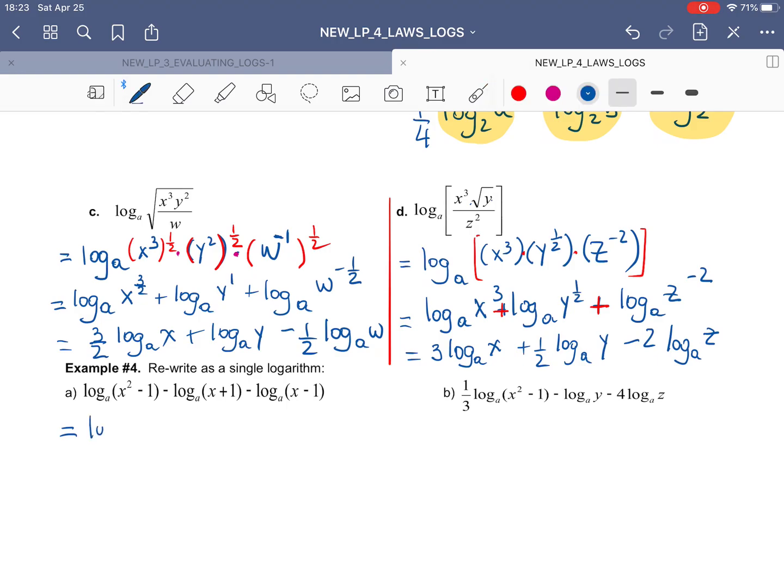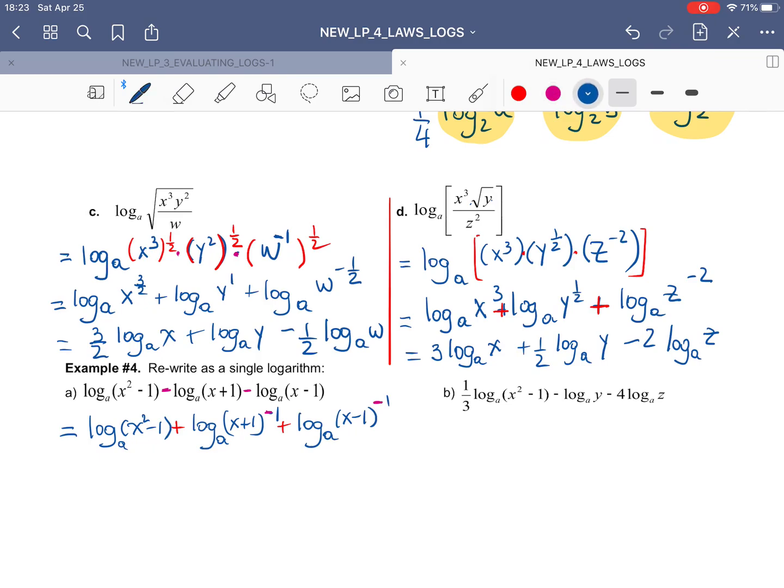So we can rewrite it as log of x squared minus 1, and then instead of minus we write plus log, the base is a everywhere, of x plus 1 to the power of negative 1, and then plus again log with base a of x minus 1 to the power of negative 1. So these negative signs in here are becoming the negative powers in here.